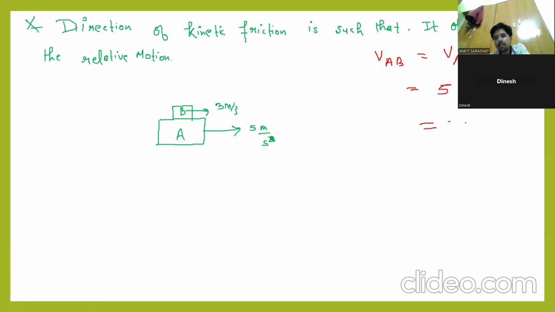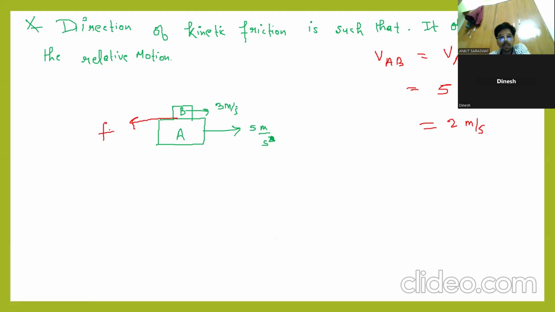So what is the velocity? 2 meter per second. So according to B, A is moving with 2 meter per second to the right. Plus means right. So what is the direction of kinetic friction on A due to B? It opposes the relative motion. The relative motion of block A is to the right, so friction acting on this will be left.